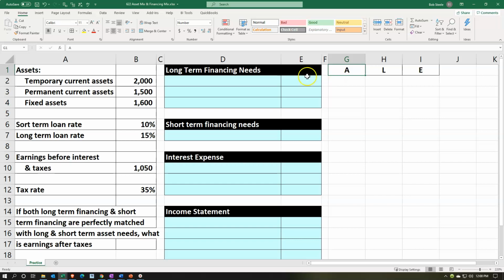Those are the things that are going to need more permanent financing because they're always going to be there. And then we might have some other assets that are temporary in nature, meaning, for example, we might have a spike in sales for a particular point in time, which could lead to a spike in the necessary inventory and a spike in the necessary accounts receivable. Those might be items that we don't expect to be on the balance sheet for a long period of time.